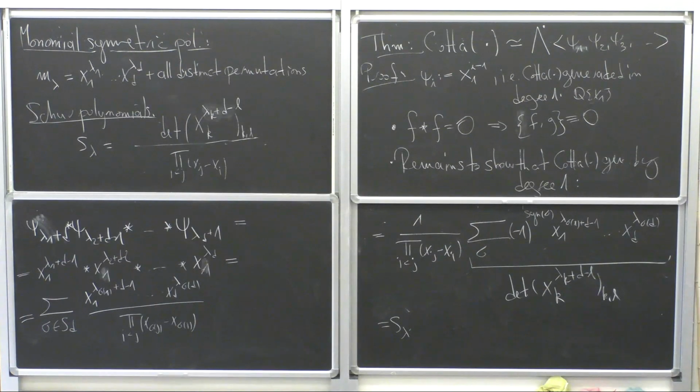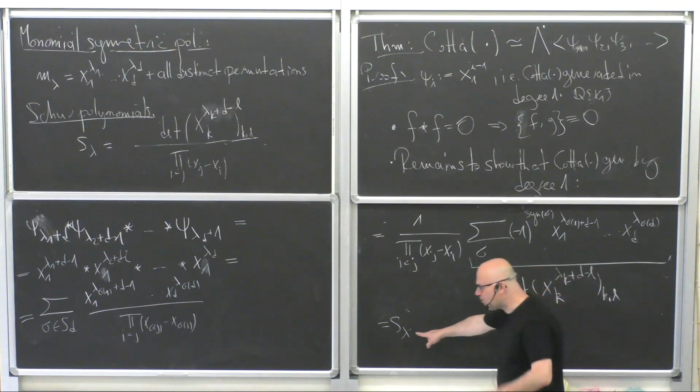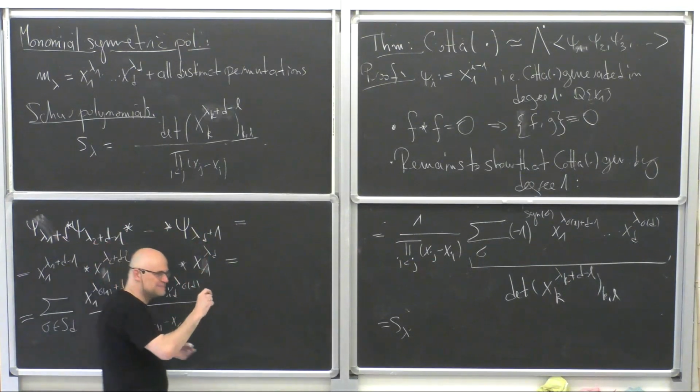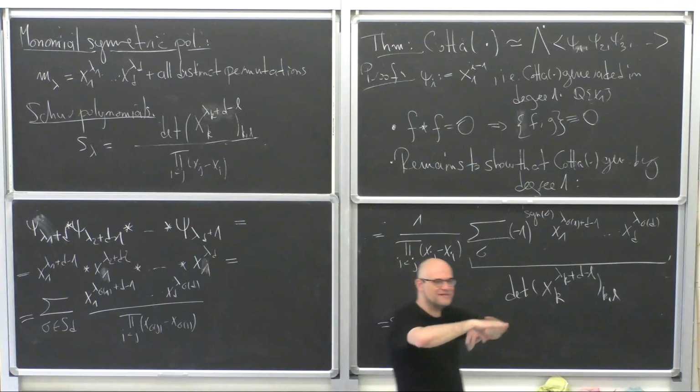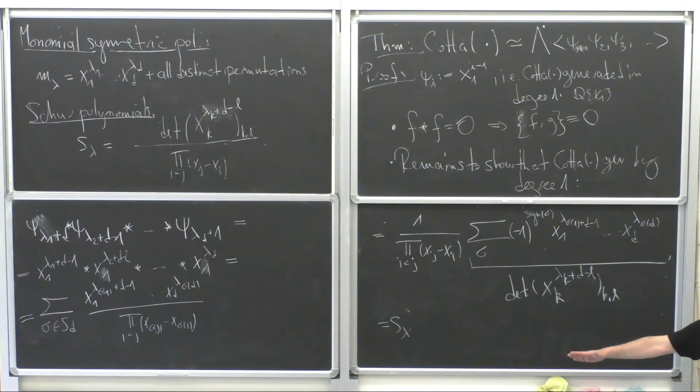Okay. That's lots of indices and lots of permutations which you have to handle. But at the end, you see, we get all Schur polynomials as iterated products of these psi's. Now, the Schur polynomials are a linear basis of our symmetric polynomial ring.